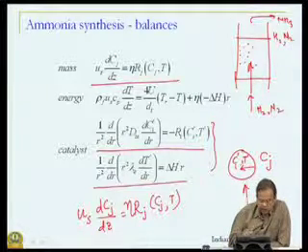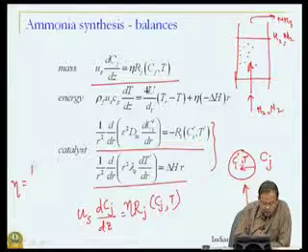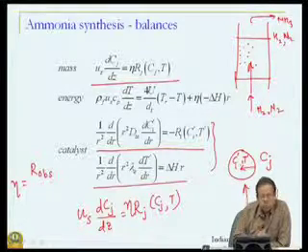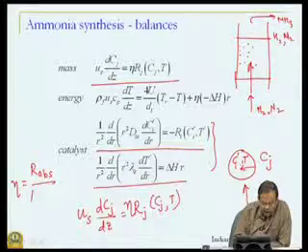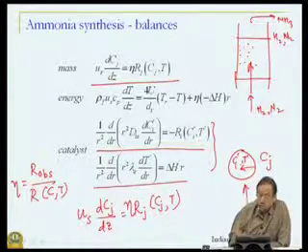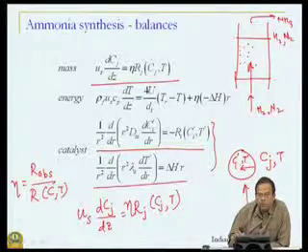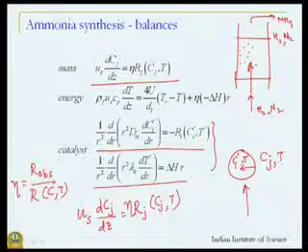What is my eta? Eta is my effectiveness factor, namely R observed to R at bulk conditions. That is, if mass transfer resistances were negligible, the rate should have been the rate at bulk concentration and bulk temperature.